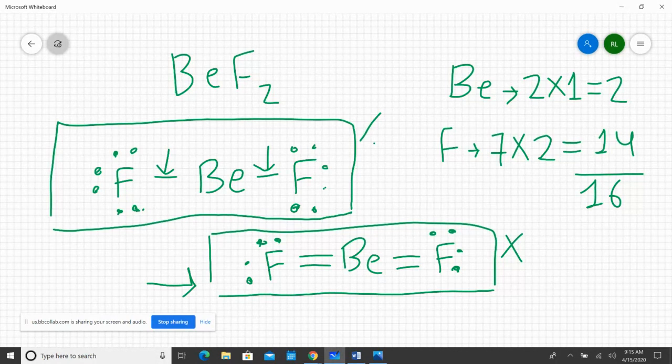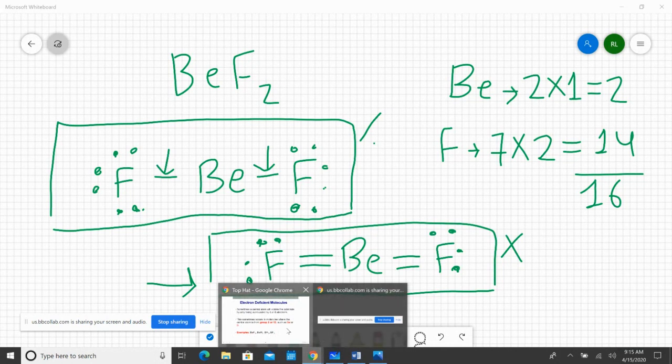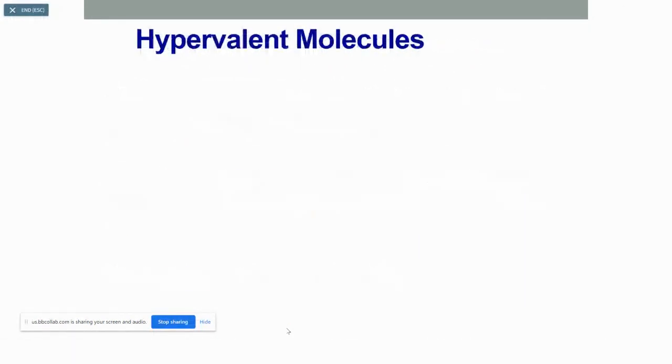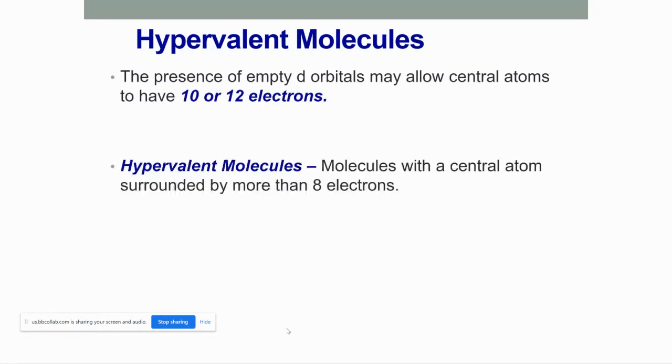All right, so now the other type that we're going to talk about is something called hypervalent molecules. Anytime you look at a hypervalent molecule, you're going to notice that they have more than 8 electrons. The atom can accommodate more than 8 valence electrons around it, up to 10 or 12 electrons.